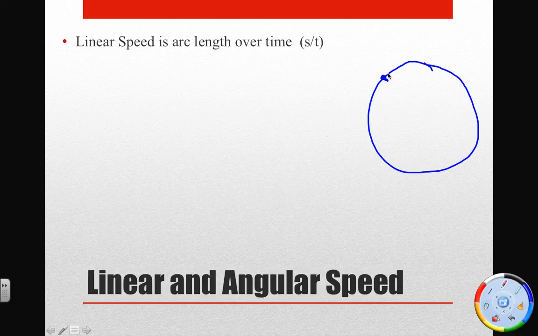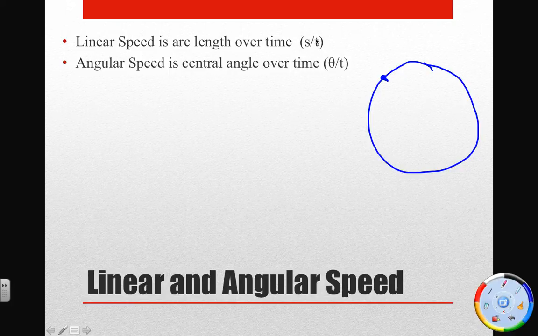Because it would be moving along an arc, obviously rotation, rotation, rotation a whole bunch of times, but you could figure out the linear speed, how fast is that nail moving, by just doing arc length divided by time. So how far did it move on the arc length divided by how long it was going.